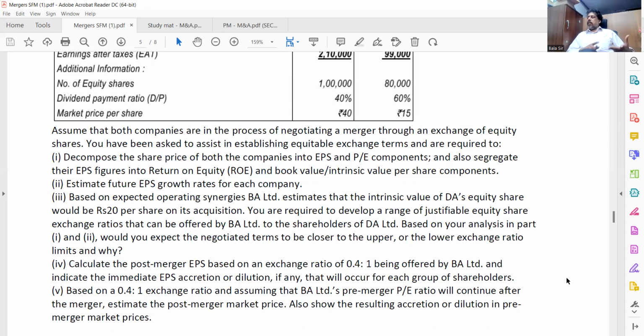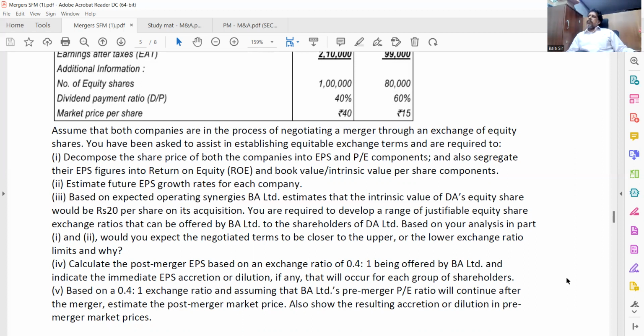It is the return on equity, and you have been asked to find something called the book value per share. They shouldn't have used the phrase intrinsic value. Intrinsic value has a different meaning altogether. In fact, they are wrong. They should have said only book value per share.